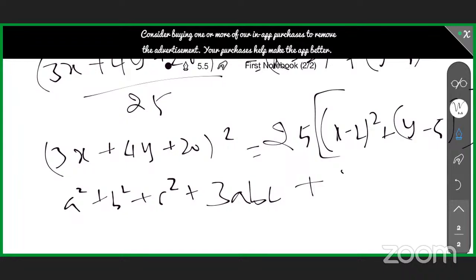Oh, I have not completed the formula, man. Give some time, man. No sir, in the formula we don't even get 3abc. Tell me the formula of a plus b plus c whole square again. A square plus b square plus c square plus 2ab plus 2bc plus 2ca, sir. Who taught you that formula? It's a formula, sir, a plus b plus c whole square. Google it.